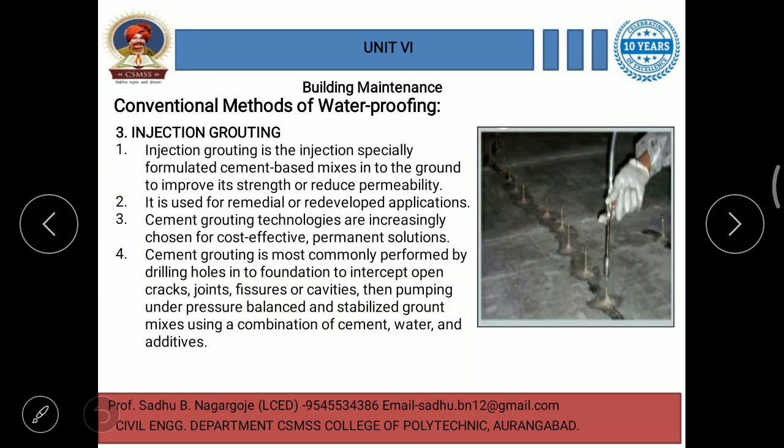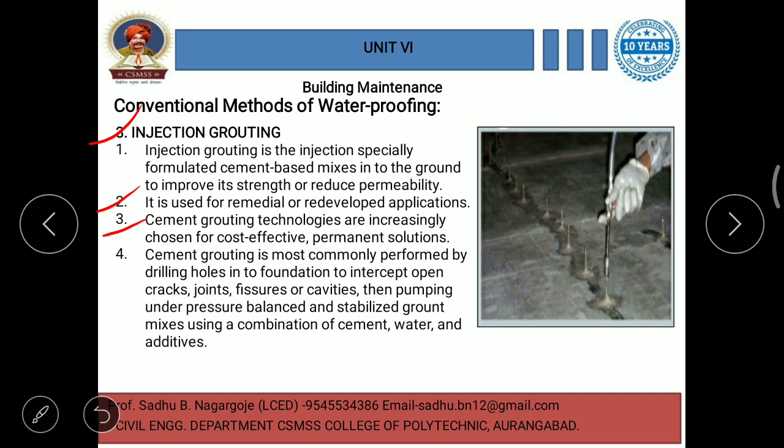And then the third conventional method of waterproofing is injection grouting. In this method, specially formulated resin based mixes are injected into the ground to improve its strength or reduce permeability. It is used for remedial or redevelopment applications.